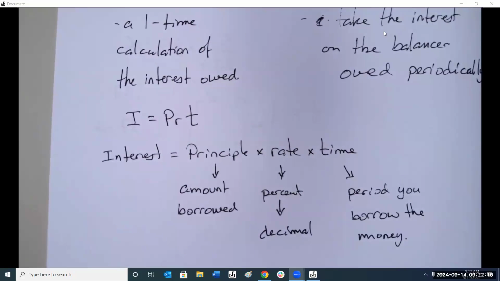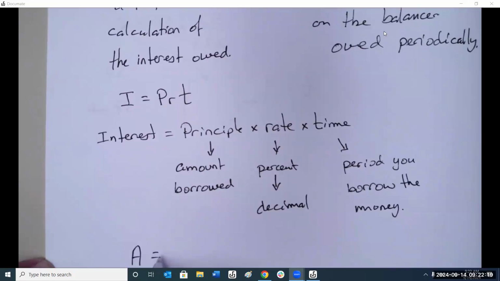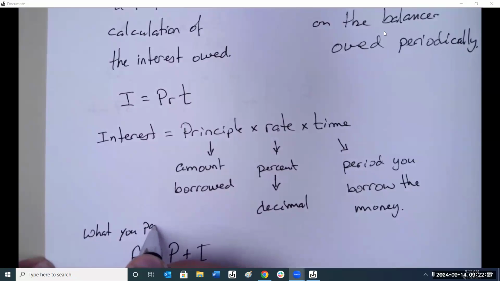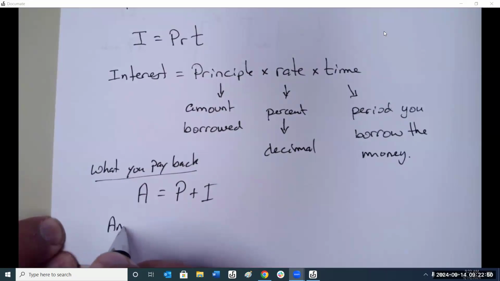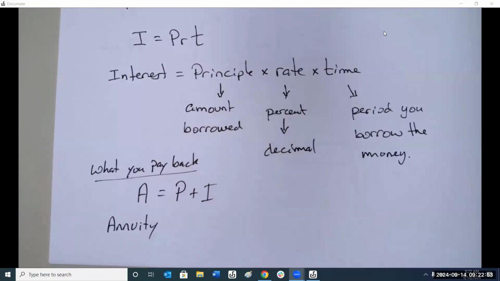What you pay back is this formula. And you see commercials on TV that say, if you were in a car accident or something like that, and you were owed this much money, we'll pay you now, and then you get your money now. That's called an annuity.